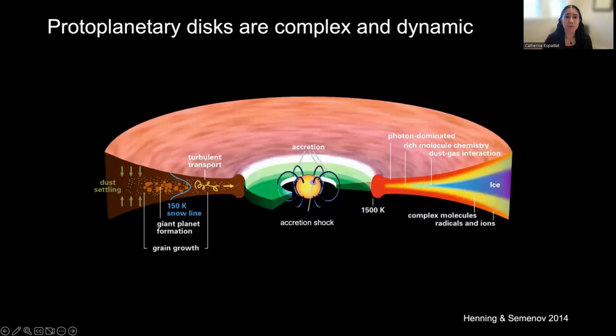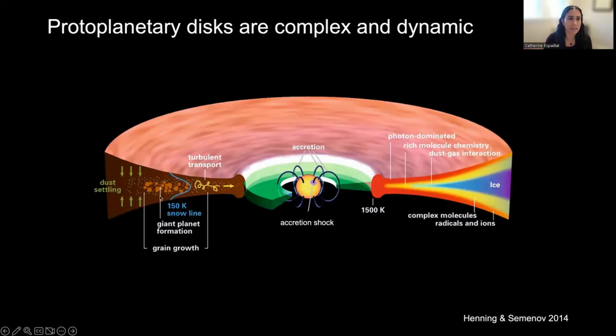All right, so first, a quick overview on protoplanetary disks. These are complex systems, dynamic environments. The disks are made up of dust and gas, 99% gas, and that's represented here in the brownish orange shaded area. If we start on the left and work our way in, you see some of the processes happening here.